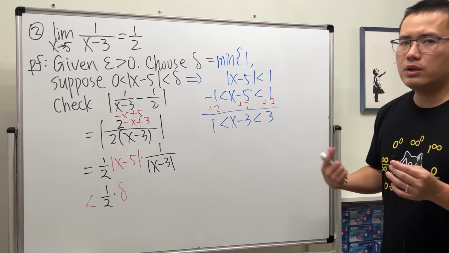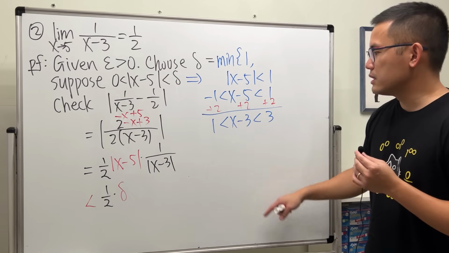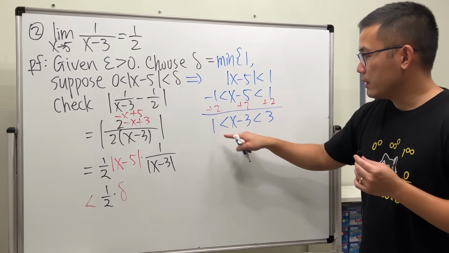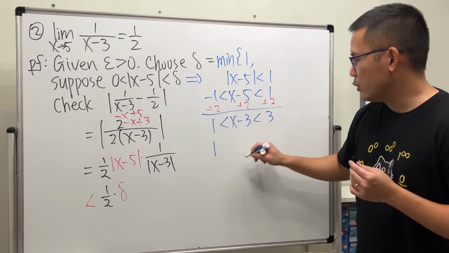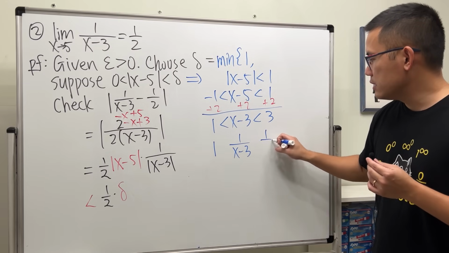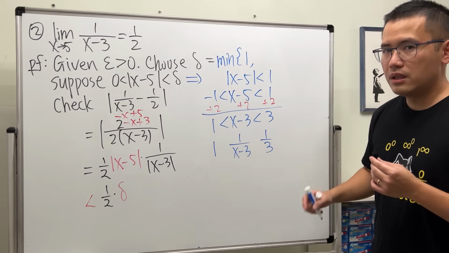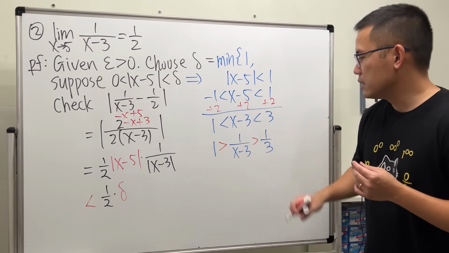So what should we do first though? I'll tell you, let's take the reciprocal first. So if we take the reciprocal, then we are going to get, notice they are all positive. The reciprocal of this is 1, and the reciprocal is just 1 over x minus 3. And the reciprocal of this is 1 over x minus 3, and this is 1 over 3. Because they're all positive, we can just flip the inequalities.